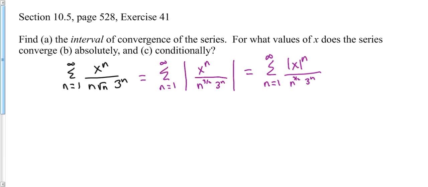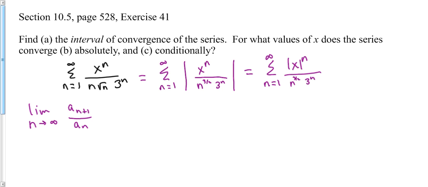And now we're going to apply the ratio test. And the ratio test tells us that we take the limit as n goes to infinity of the n plus 1 order term divided by the n order term. And then if this is less than 1, then we know that our series is going to converge.